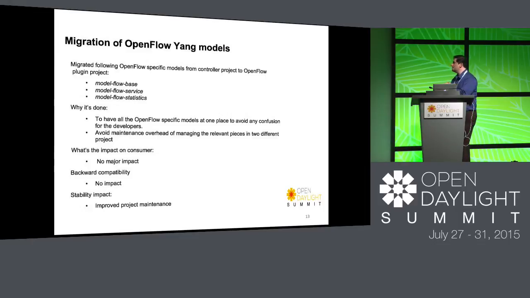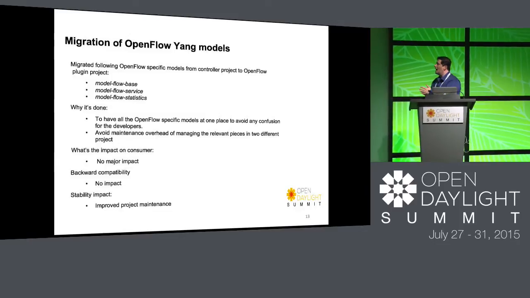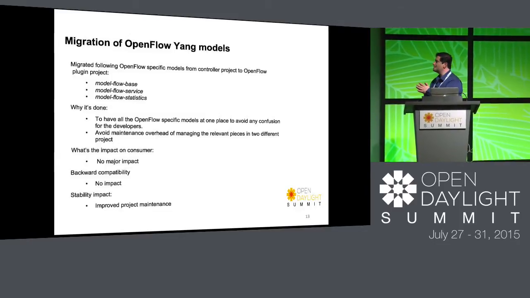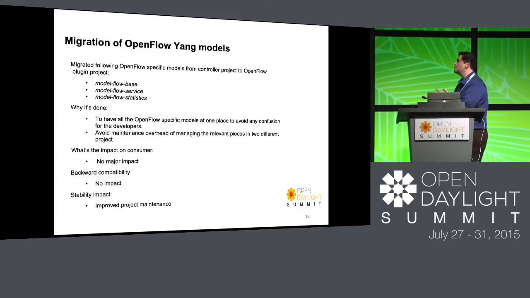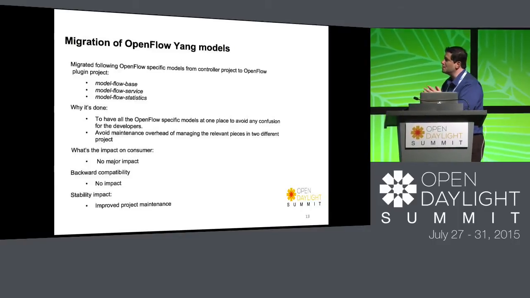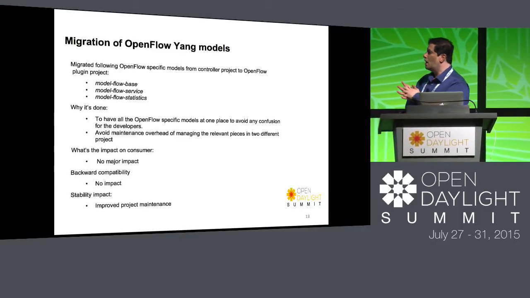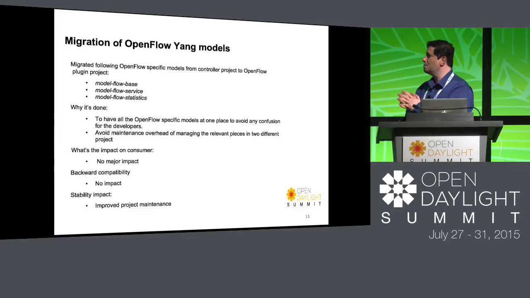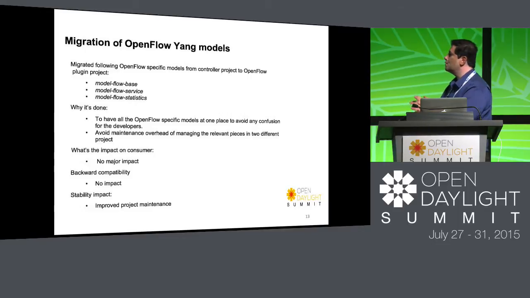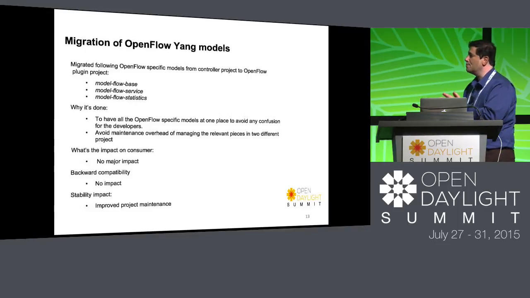As far as the migration of the OpenFlow Yang models, earlier the OpenFlow specific Yang models were present in the controller project, these three or four models: flow base, flow service and statistics. People had to make any changes in two different places.